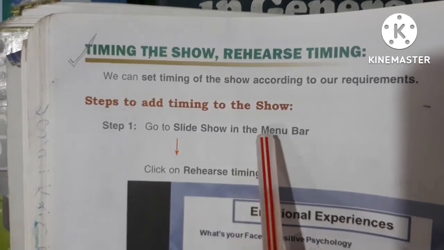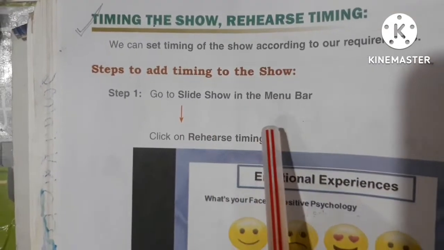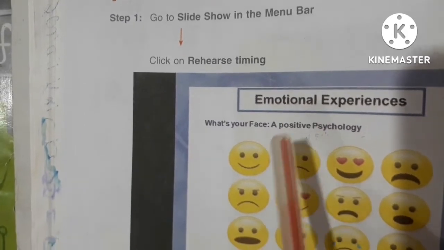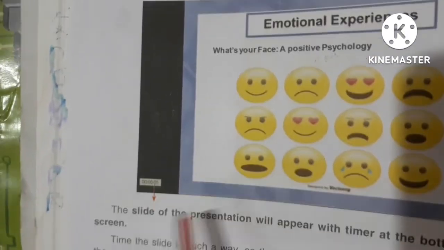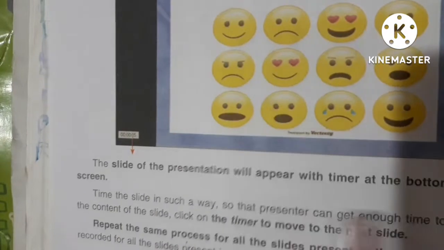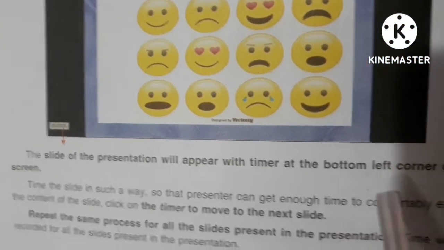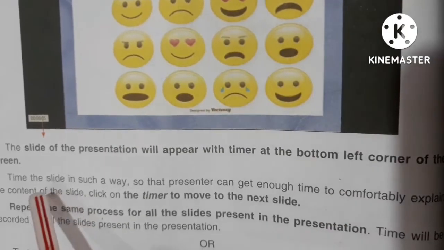Steps to add timing to the show. Go to Slide Show in the menu bar, click on Rehearse Timing. The slide of the presentation will appear with a timer at the bottom left corner of the screen.